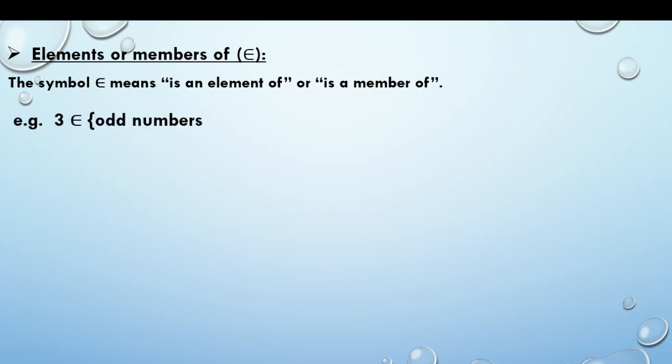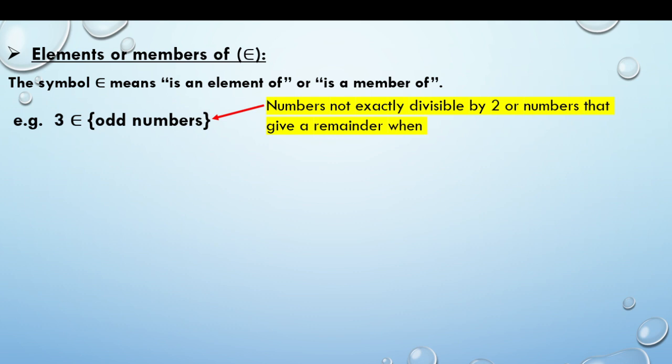For example, 3 is a member of odd numbers. So what are odd numbers? These are numbers not exactly divisible by 2, or numbers that give a remainder when divided by 2.